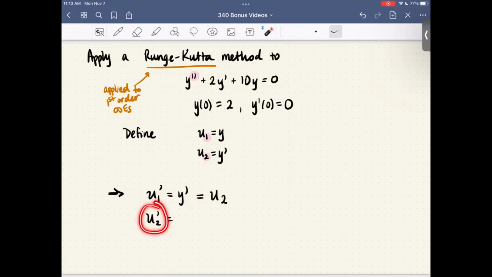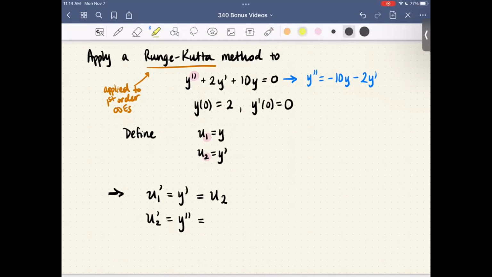Now u2 prime, well, let's see, u2 was y prime. So if I take another derivative, this is y double prime. I don't have a u for y double prime, but I do have an expression up here that involves y double prime. And if I go back up here and solve for y double prime in terms of y and y prime, I have that y double prime is negative 10y minus 2y prime.